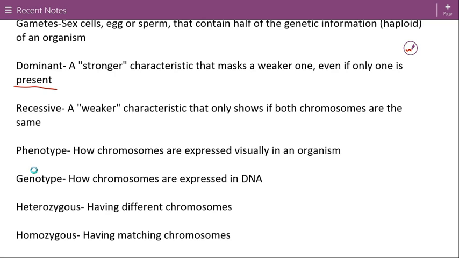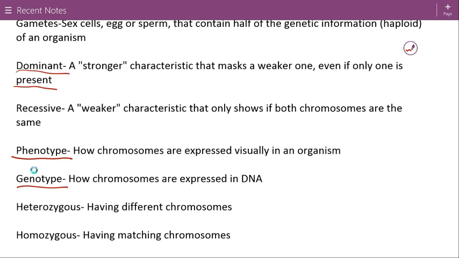For example, a phenotype would be eye color. Lots of people have brown eyes, but you don't necessarily know if both sets of genes are coded for brown eyes, or if only one is coded for brown eyes and one is for blue eyes. Because brown is the dominant characteristic, even if they only have one brown chromosome, they're still going to end up with brown eyes.